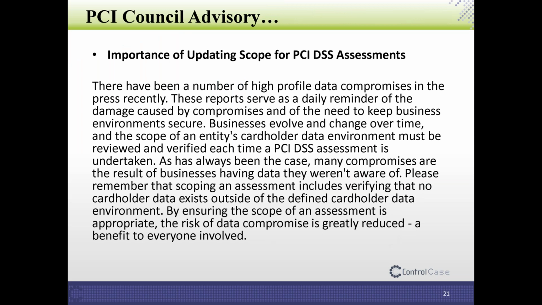And there are PCI Council advisories on ensuring that when we do scoping and when we descope networks, it is important to make sure that there is no unknown cardholder data lying outside the PCI DSS scope.